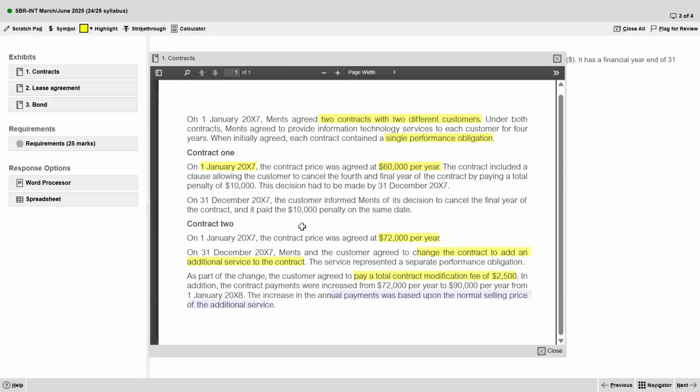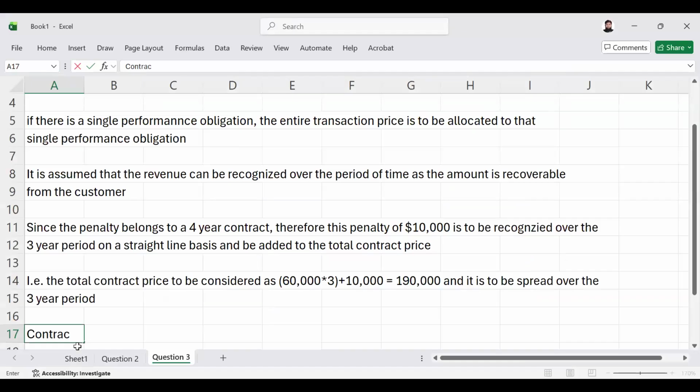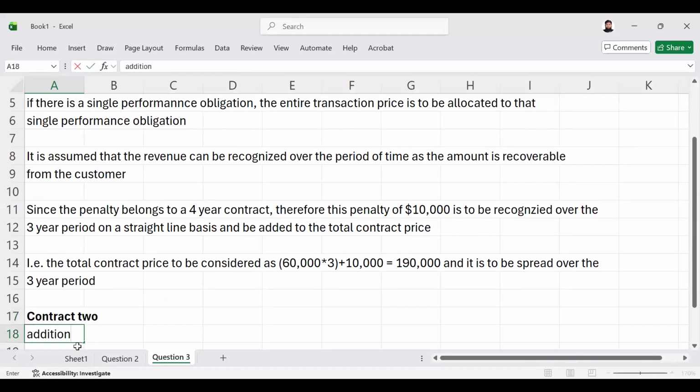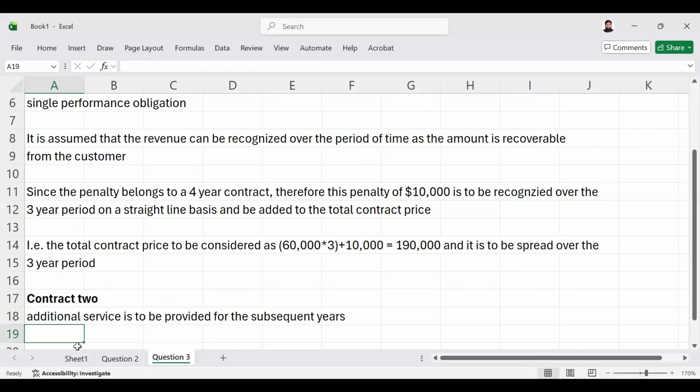So what happens is that for contract 2, the additional service is to be provided for the subsequent years.